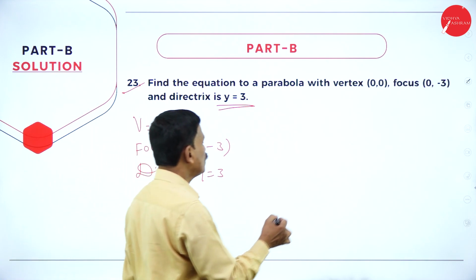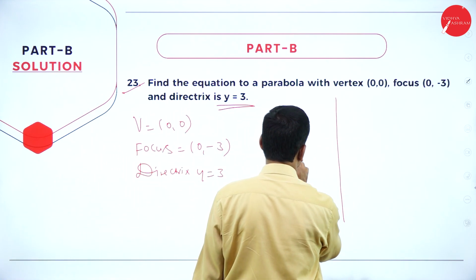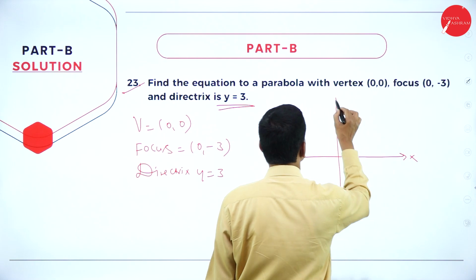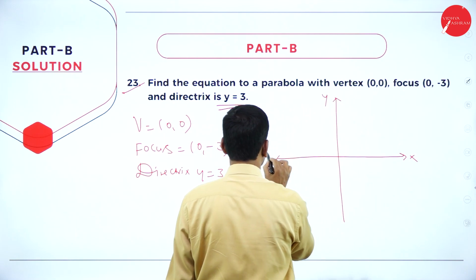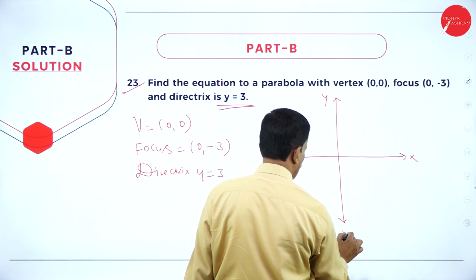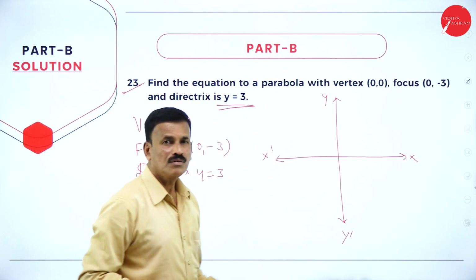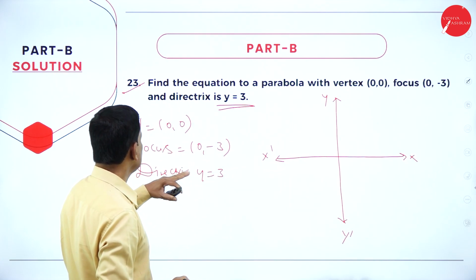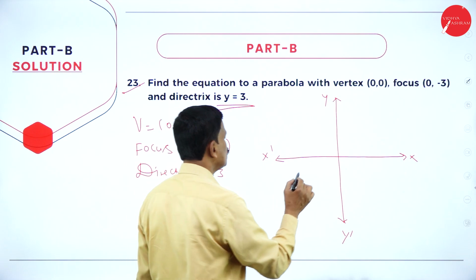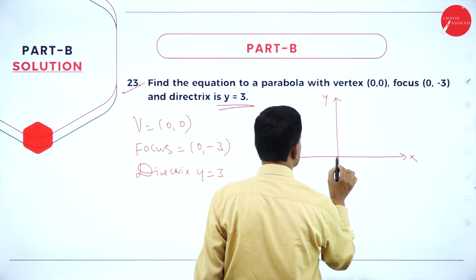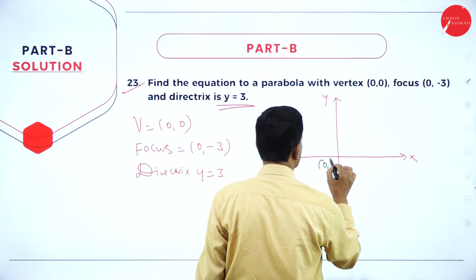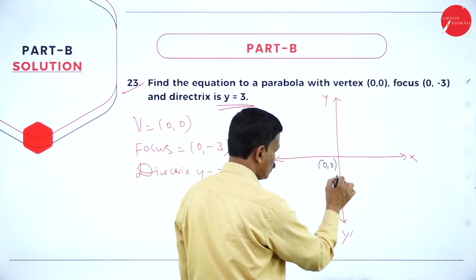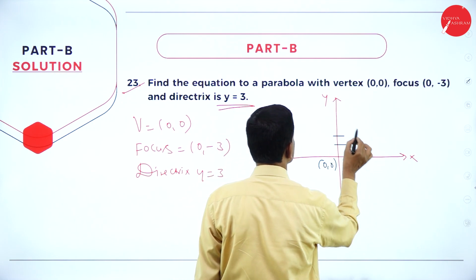First, find the direction. Consider the x axis, y axis, x dash axis and y dash axis. What is the directrix? The directrix is y is equal to 3. With the vertex at 0, 0, y is equal to +3 means +1, +2, +3.